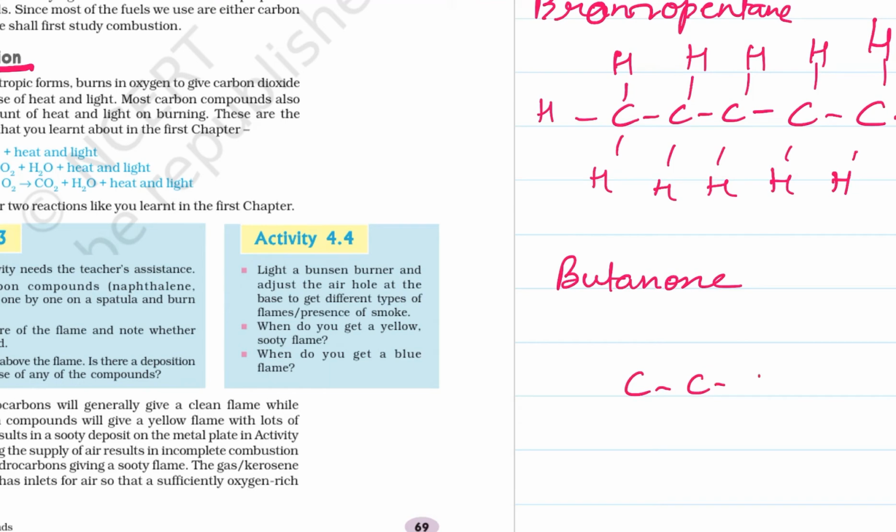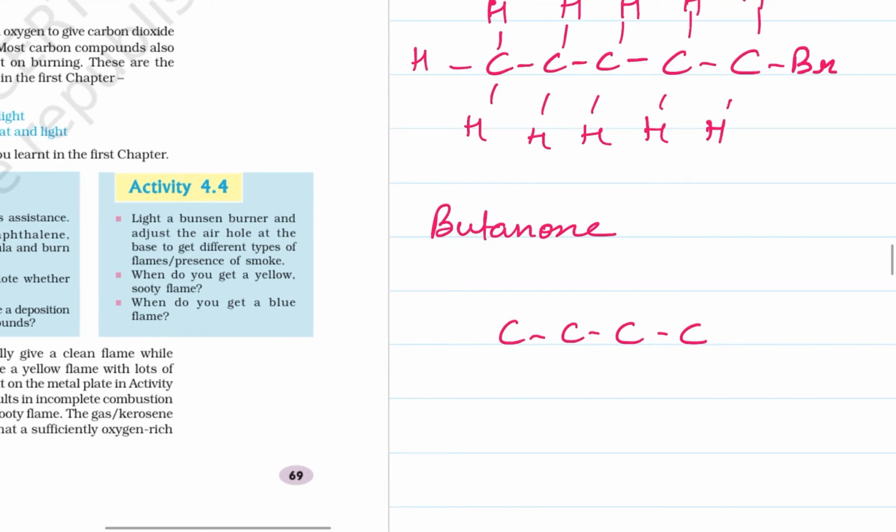But means 4 carbon and ONE. So now here is the ketone group, that is C double bond O group. Now complete the valency as H, H, H.